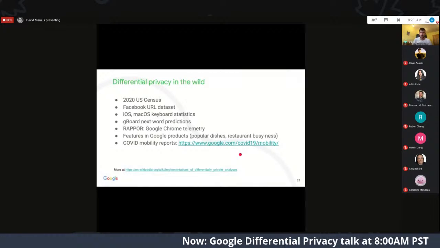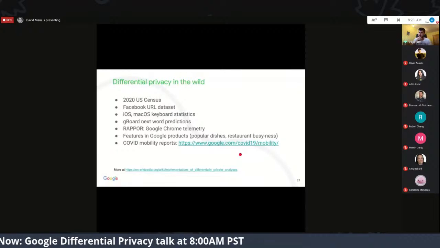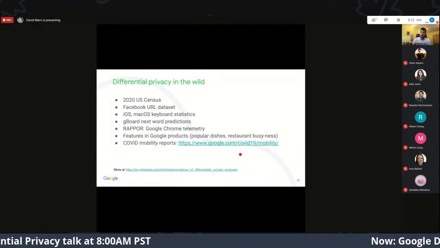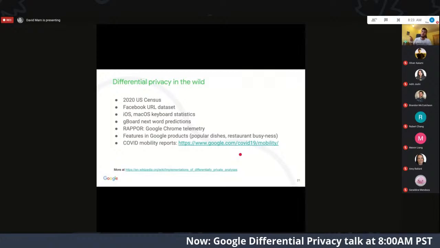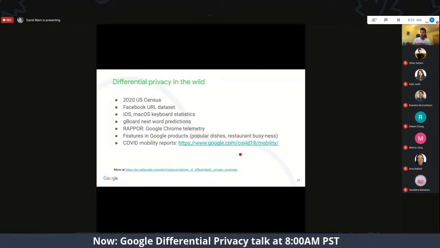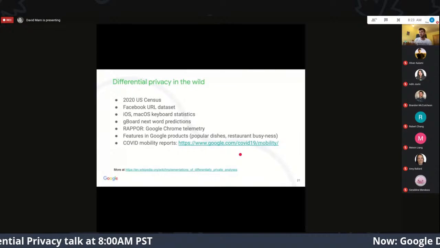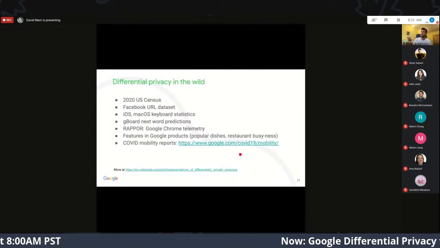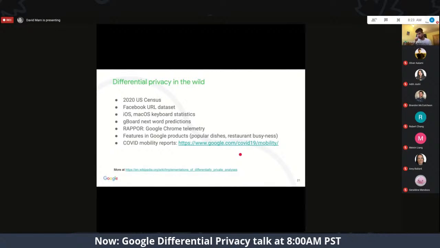Then maybe inside of tech, Facebook has published a URL dataset with differential privacy built in to protect their users. Apple is using differential privacy for keyboard statistics on both iOS and macOS. Android is using differentially private machine learning to generate next word predictions on Gboard.